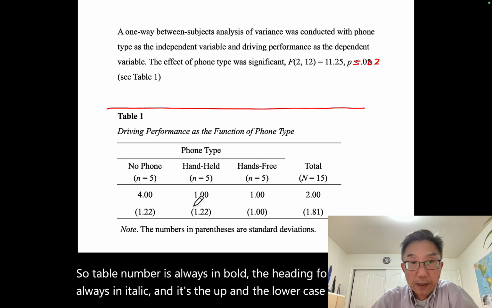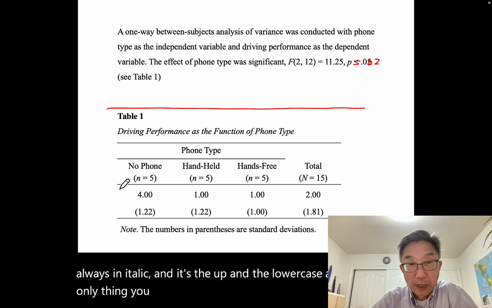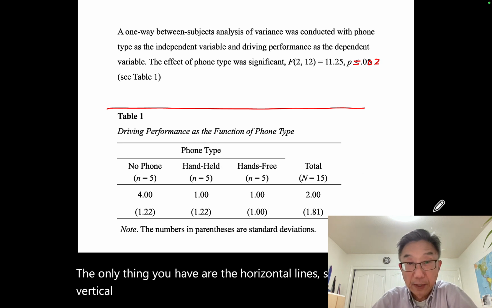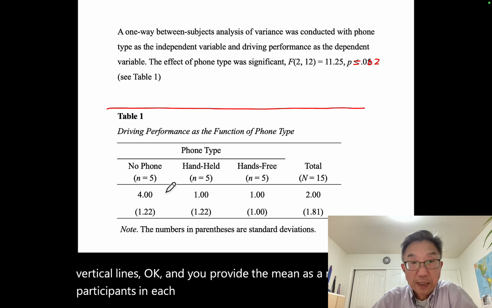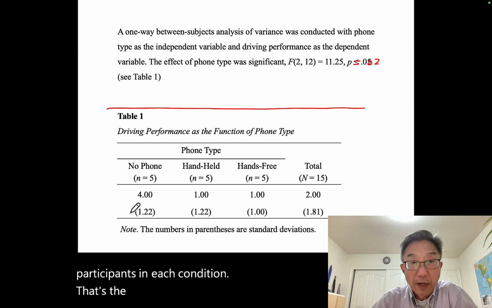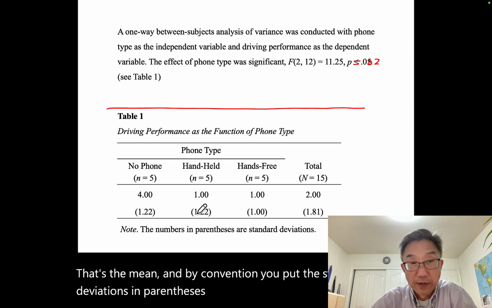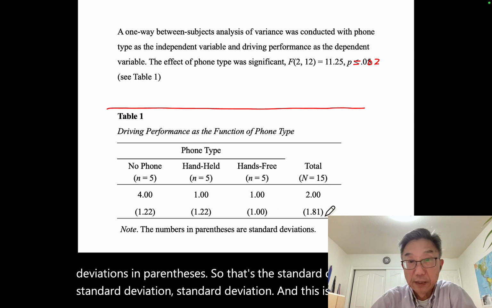And for the table, the only things you have are horizontal lines, so there are no vertical lines. You provide the mean and number of participants in each condition. That's the mean, and by convention, you put the standard deviations in parentheses. So that's the standard deviation for each group, and this is the total standard deviation.